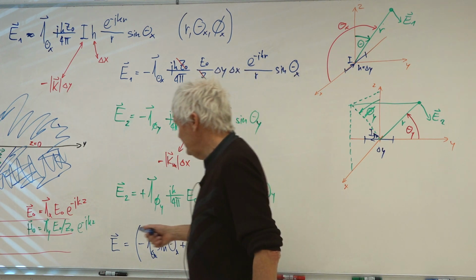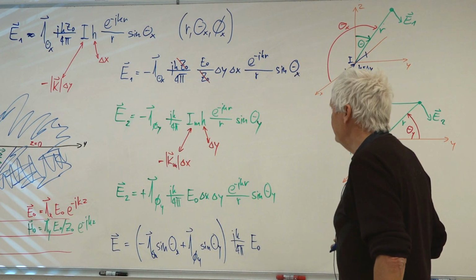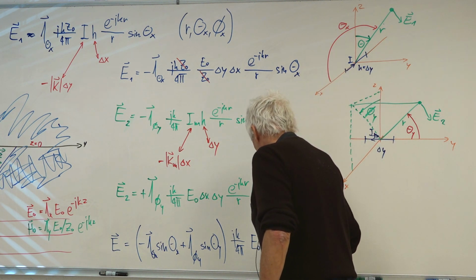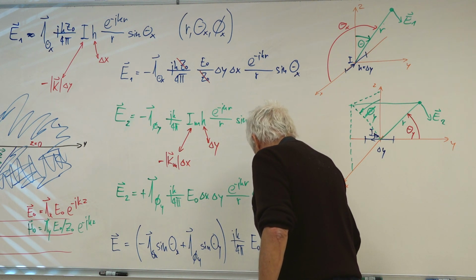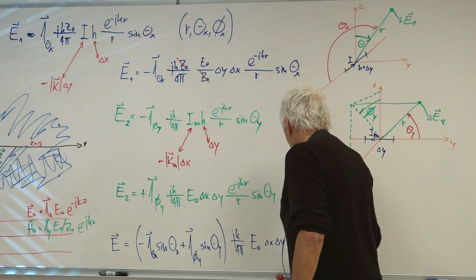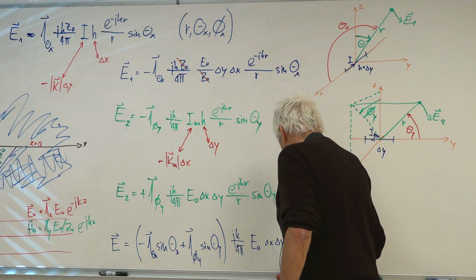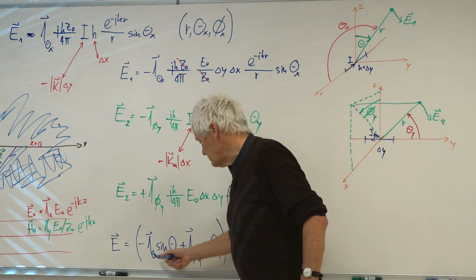The corresponding magnetic field, we assume that it's related as in a plane wave. Delta x, delta y, this is actually the size of my Huygens source. The radiation term, e to the minus jkr, the delay divided by the distance. And the geometry is all in here.